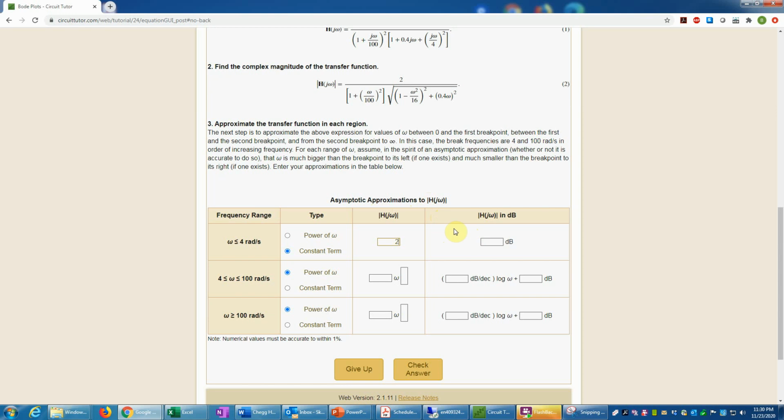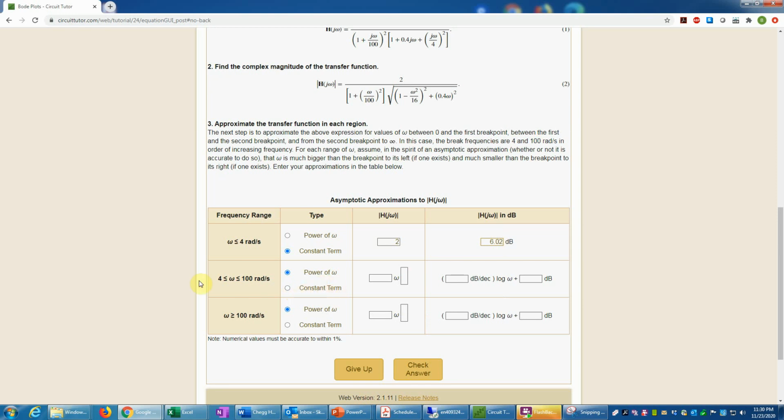So basically we take 20 times the log to the base 10 of 2, and that works out to be 6.02 decibels. So in decibels, that's 6.02. You don't have to be quite that precise, but I'll just put it in like that.